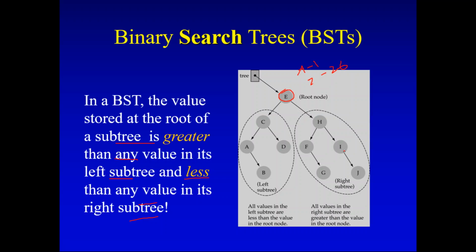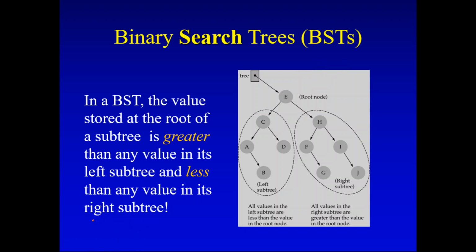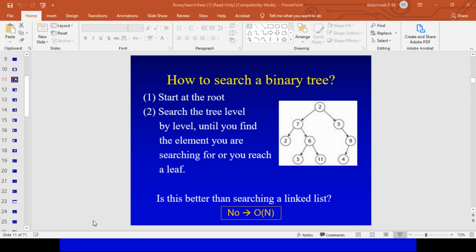I is greater than H, and J is greater than I, so it is coming on the right side of I. So the point is, in a binary search tree, if you take any node, its left child will have a lesser value than that particular node, and its right child will have a greater value than that particular node. Okay, fine.